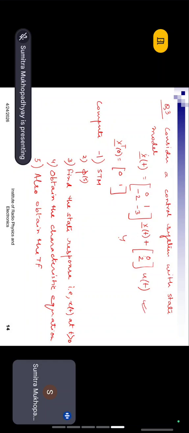Along with that, I am giving you the output equation. With this output equation, you obtain the transfer function, that means Y(s) by U(s). Please take a note of this question. With this, we are concluding the state equation related problems. Then we will do two problems related to controllability and observability, and with that we will conclude this one.